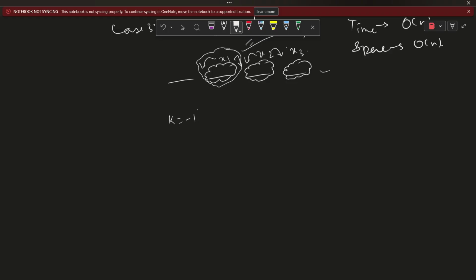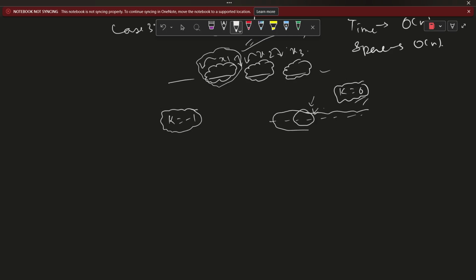So when is k equal to -1 going to happen? It doesn't matter how the array is. Even if k is equal to 0, there's always a way to swap these numbers, right? In case k is equal to 0, we can swap any two numbers.